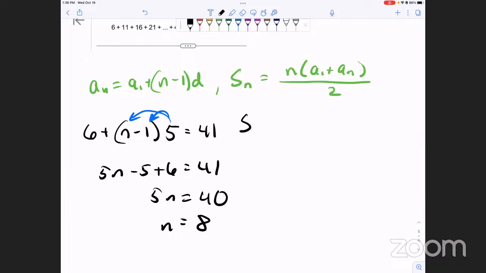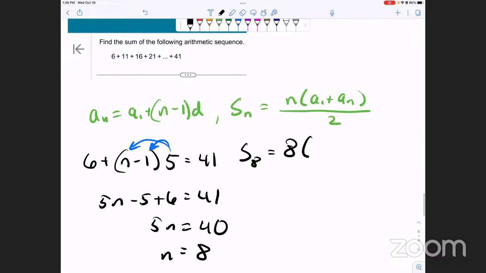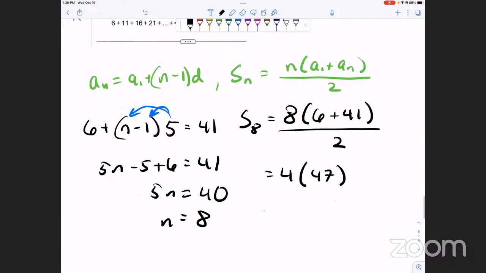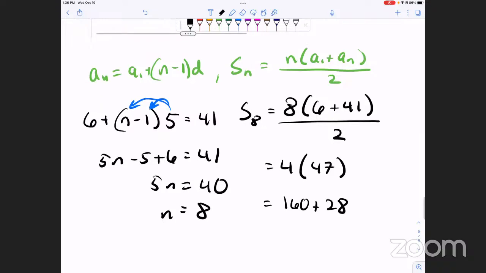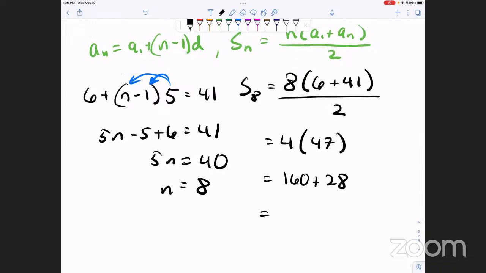Then the sum of the first 8 terms is 8 times 6 plus 41, over 2. That's a 4 times 47. 160 plus 28 is 188. So when we did it this time, we got 188.